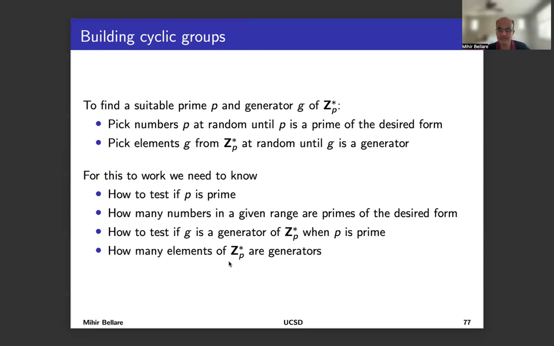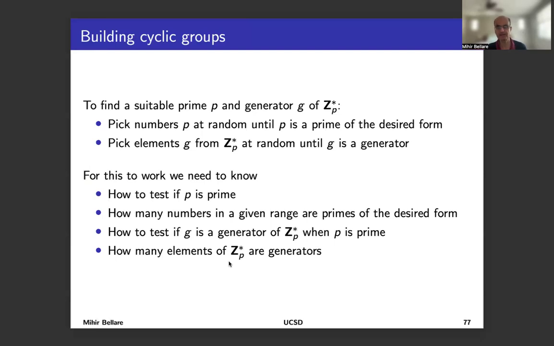And you get to see these connections and how historically cryptography and computer science leverage that part of mathematics. So our first job then is to find a large prime number p, and together with it a generator g of Z_p star. So let's focus first on the prime.